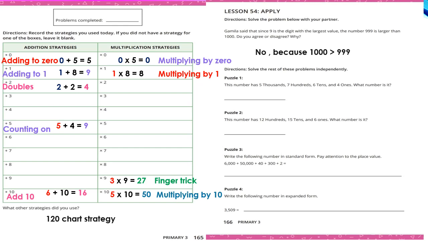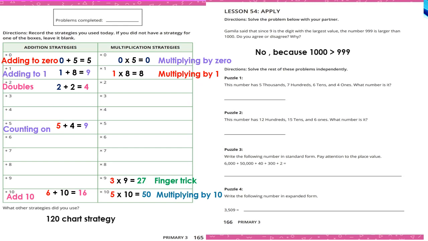No, because 1000 is bigger than 999. Okay, why? Because 1000 consists of 4 digits, but 999 consists of 3 digits.